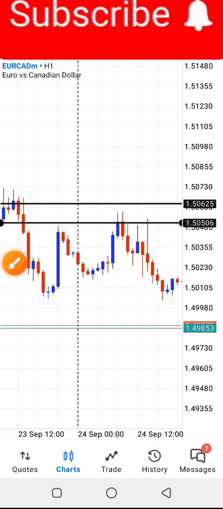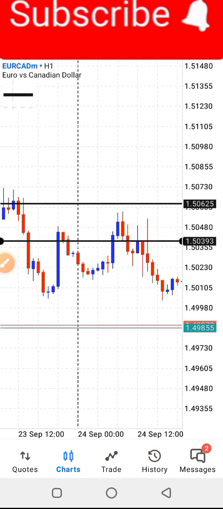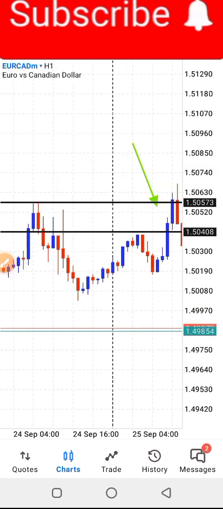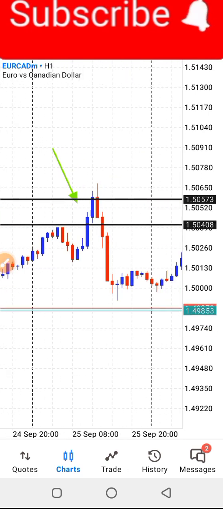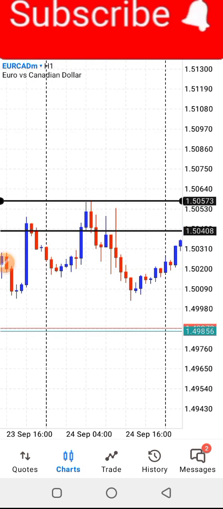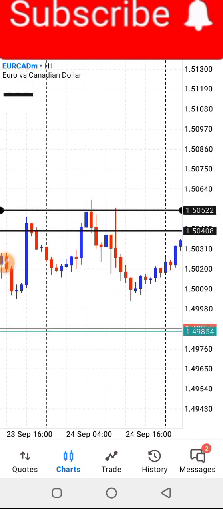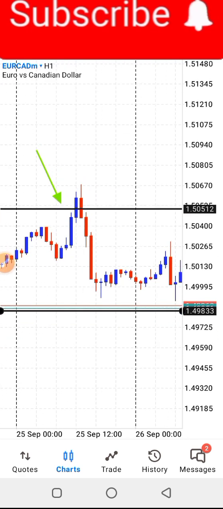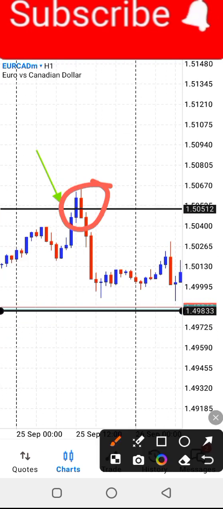If you had taken your entry from here, like this, you would notice that you would be in serious drawdown when price returned, because price even printed a fresh candle within the order block area. So it's going to be fair if you engage the market from this level. Let this level be your first level. You can see it tapped into it and then pushed down.